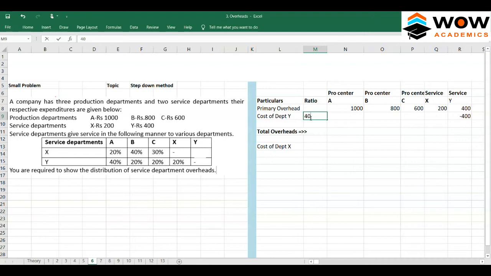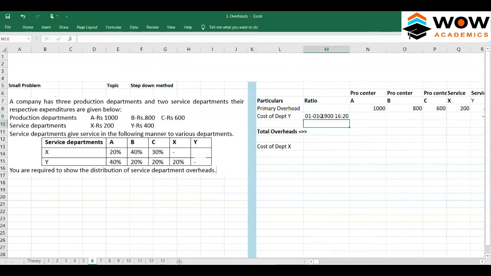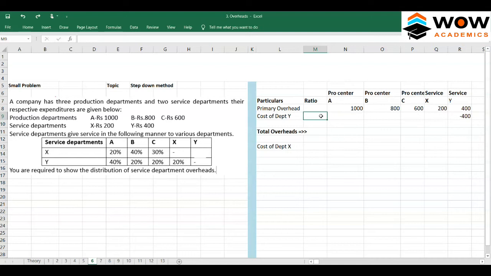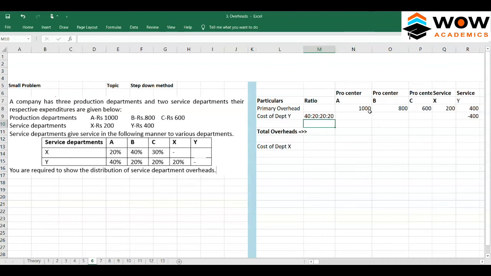40 is to 20 is to 20 is to 20. So that's about the ratio. So let's see here.